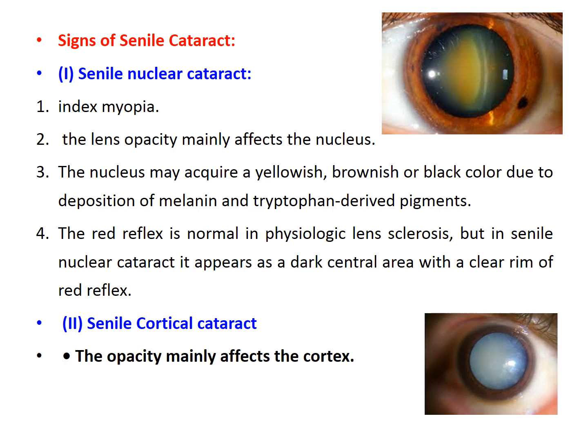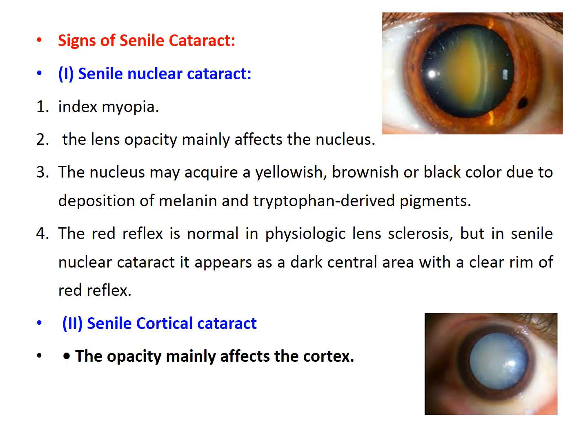The lens opacity is localized in the nucleus, and it always takes the yellowish, brownish or black coloration due to deposition of melanin and tryptophan-derived pigment. The red reflex is impaired in case of nuclear cataract. However, in other physiological condition, which is the nuclear sclerosis, the red reflex is still maintained.